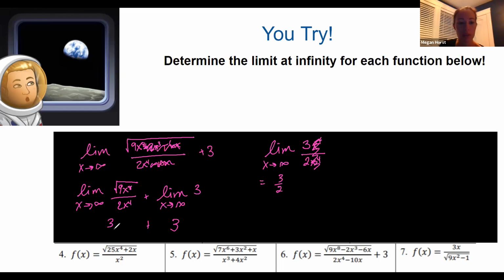So I have 3 halves plus 3, which is the same as 9 halves. Oh, I'm multiplying by 2, that's why. I'm ending with 9 halves, because this would be 6 halves, which would yield 4 1/2. So you may have gotten 9 halves, or you may have gotten 4 1/2.